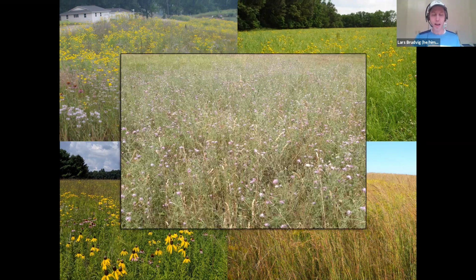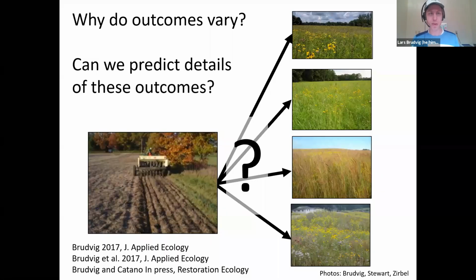So really, a set of important questions that are driving research in our research group at Michigan State are, first of all, why do these outcomes vary? Why can we do the same general process of reconstruction and get such a wide variety of outcomes?